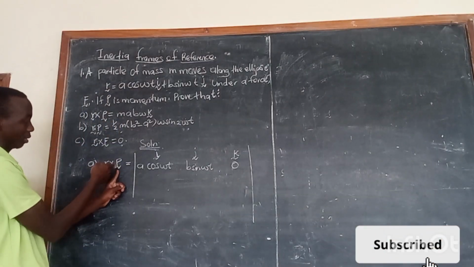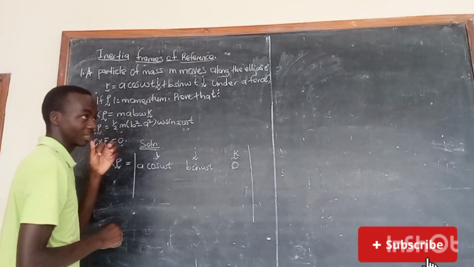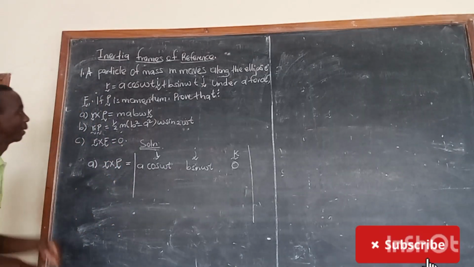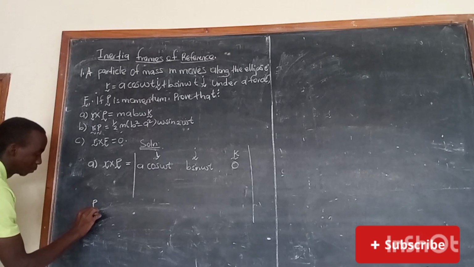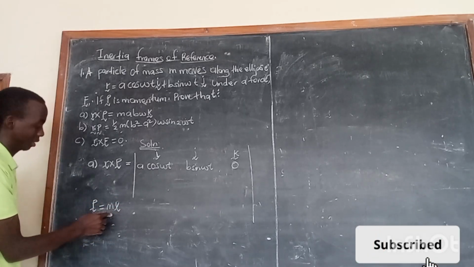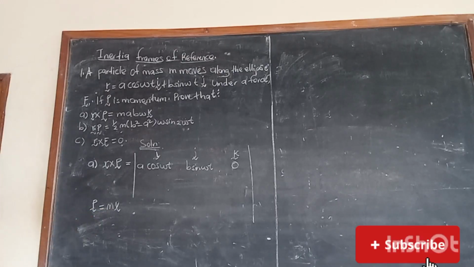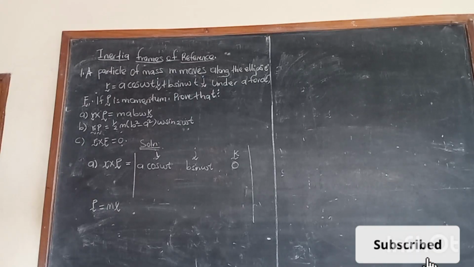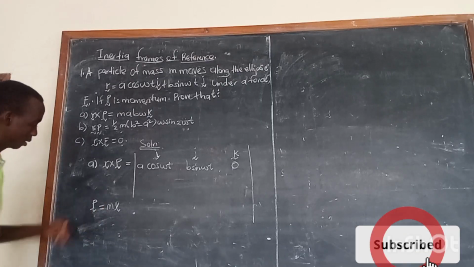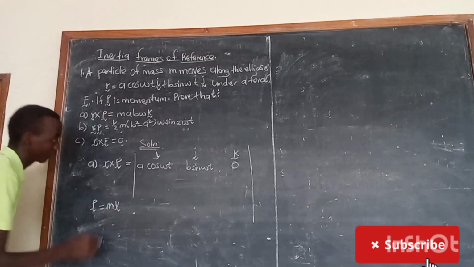Then p, what is our p? This p of ours is momentum, so we need to first find momentum. Momentum is given by m times v.